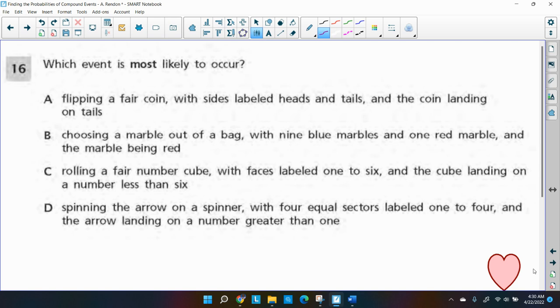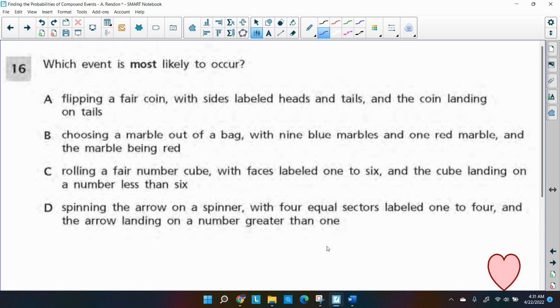Hey, number less than 6, huh? All right. Spinning an arrow on a spinner with 4 equal sectors or sections labeled 1 to 4, and the arrow landing on the number greater than 1. So we got to find the probability of each one of those and figure out which has the most likely or the best or highest probability.